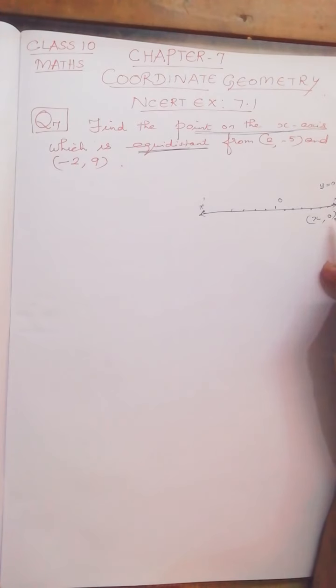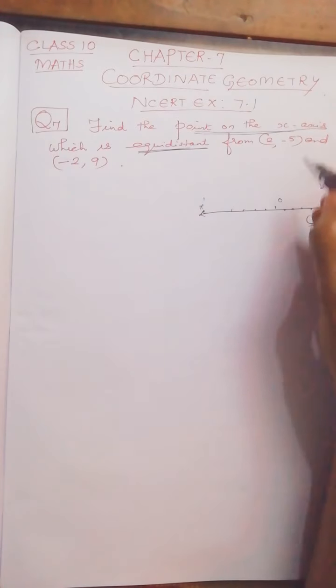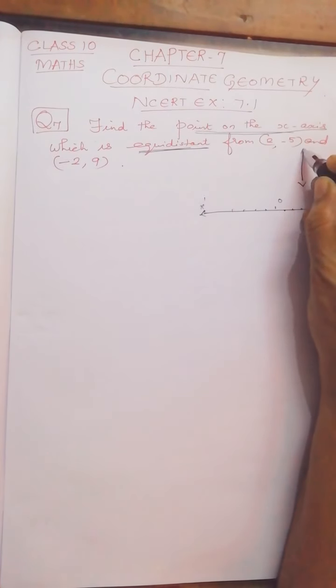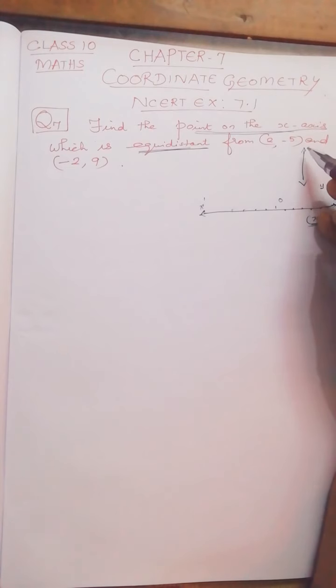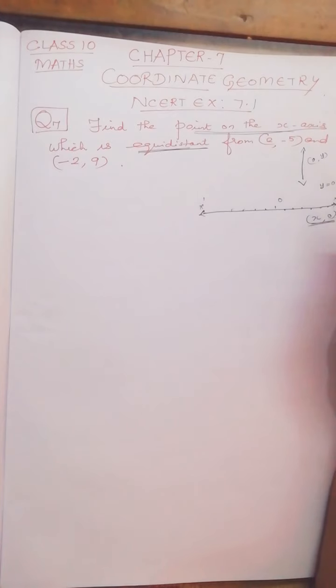Suppose the point is lying on the y-axis, then y will take values and x will be 0. So for that we take the coordinates as (0, y), because the x coordinate will be 0. That is (0, 1), (0, 2), (0, 3), and so on. So a point on the x-axis, we can take as (x, 0).